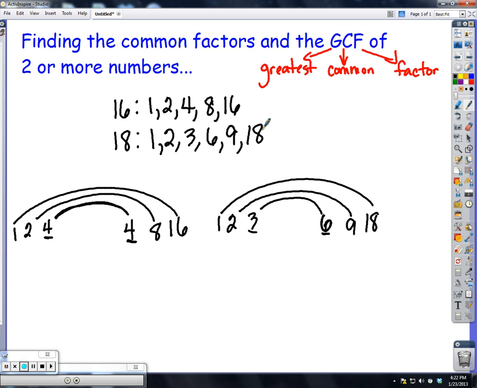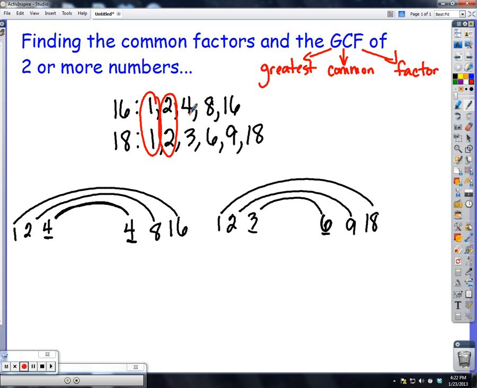Now that I have all of the factors listed, one right on top of the other, this makes it much easier to compare them to see which factors both of them share or have in common with each other. So I'm just going to go through and circle them. 1 is a common factor of both 16 and 18. 2 is another common factor.